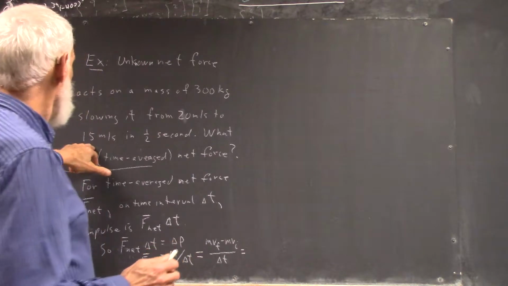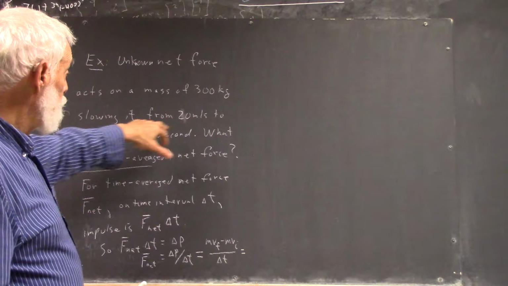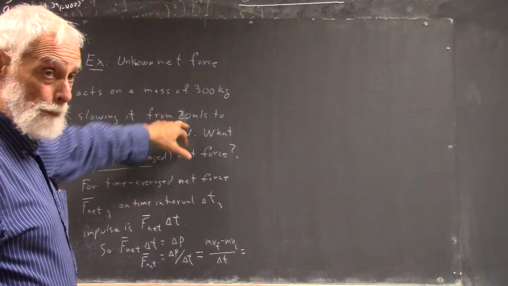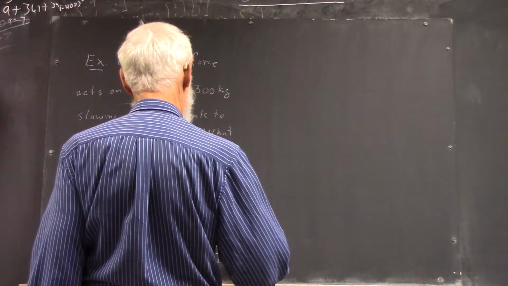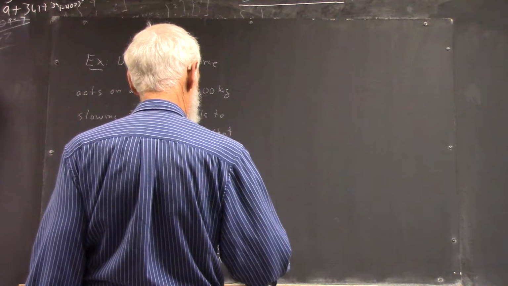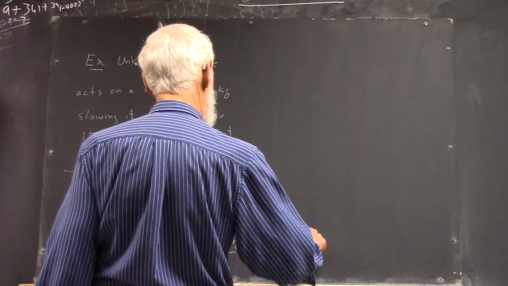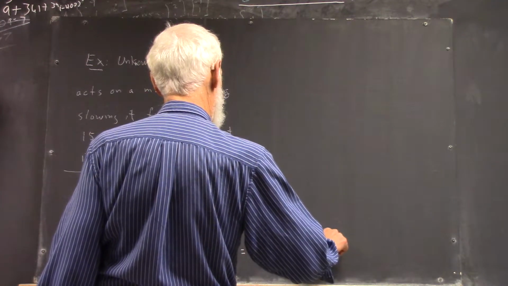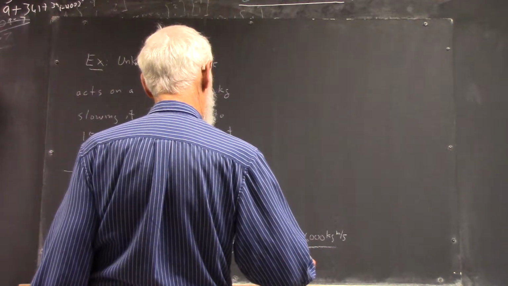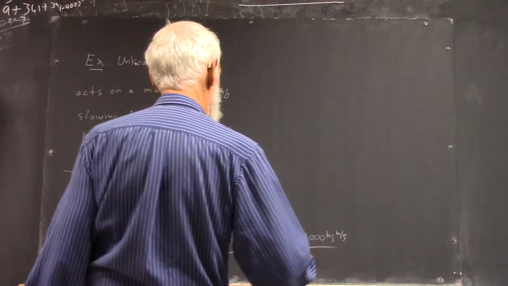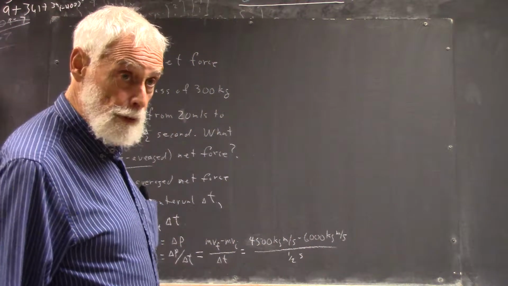MVF is then 4,500 kilogram meters per second. MVI is 6,000 kilogram meters per second. There's your change in momentum, which is negative 1,500 kilogram meters per second.